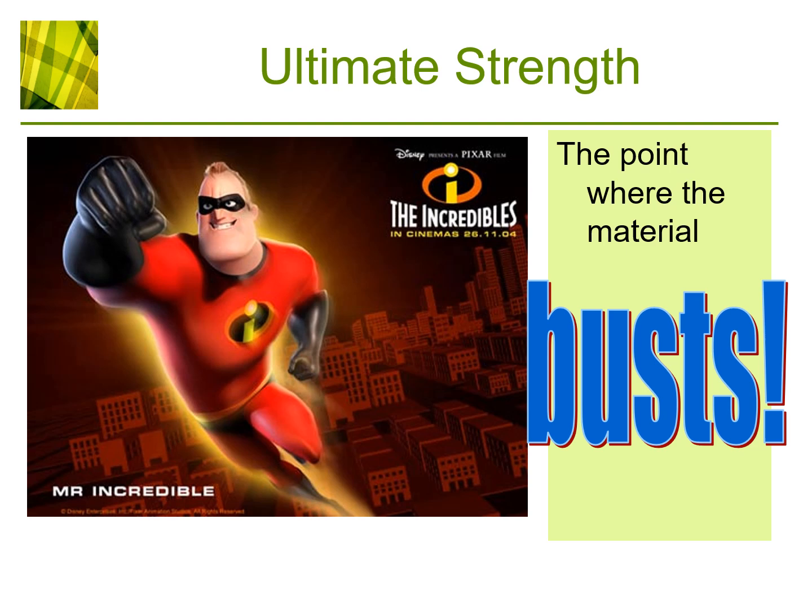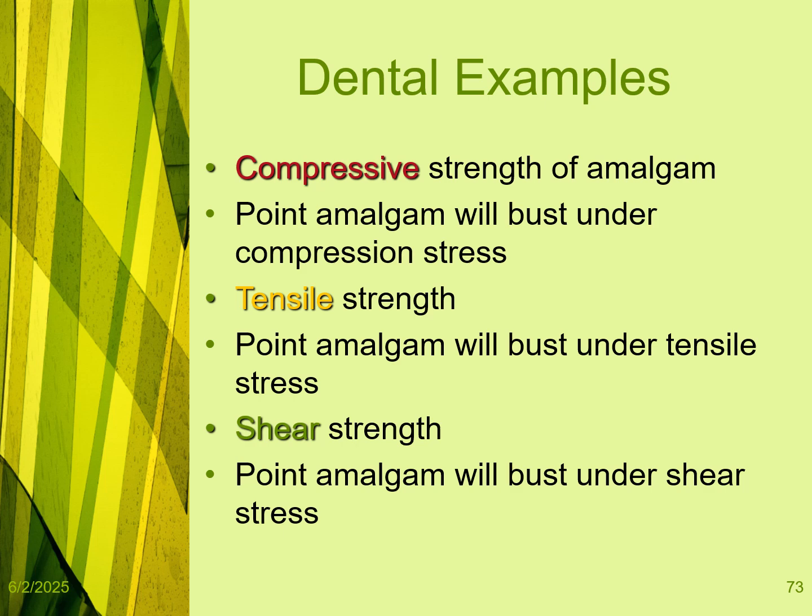And the ultimate strength, the ultimate compression strength, the ultimate tensile strength, the ultimate shear strength is the point at which the material can take no more and it busts. Some dental examples are compressive strength of amalgam, the point at which amalgam will bust under compression. Amalgam has some malleability.